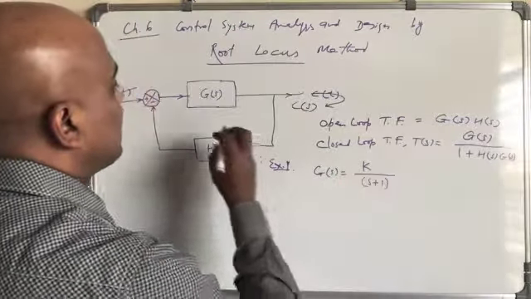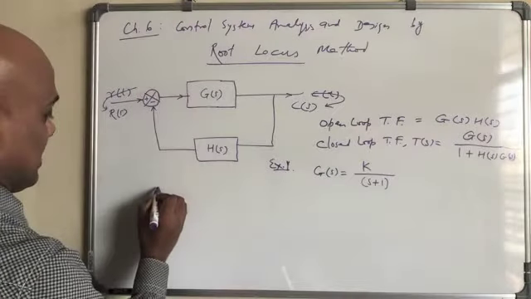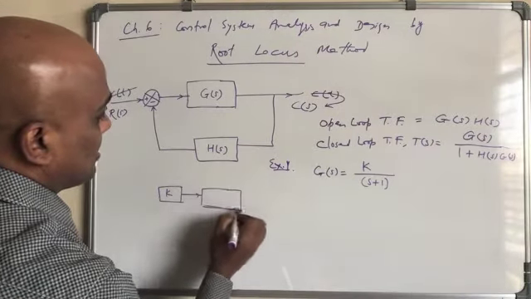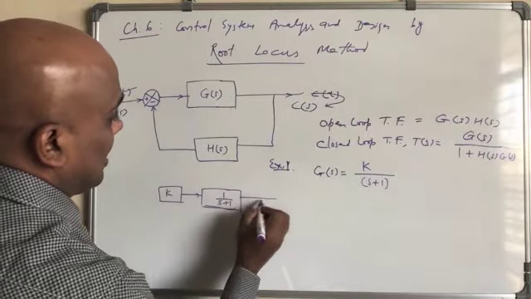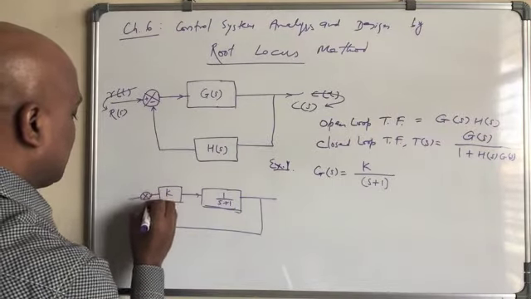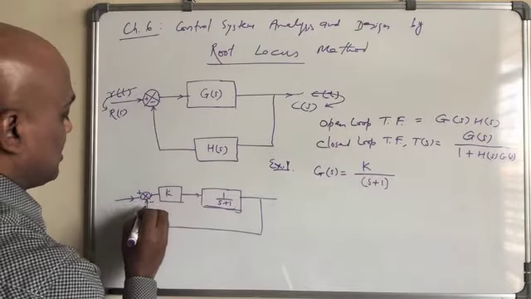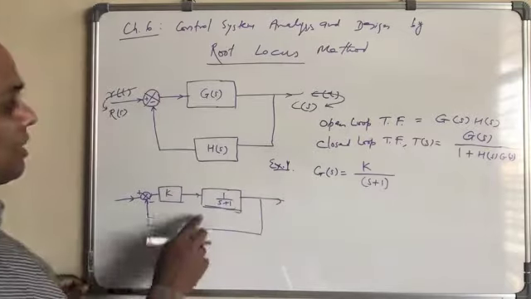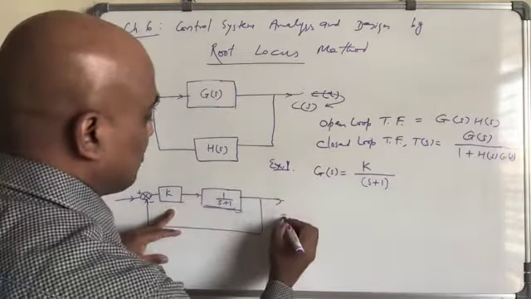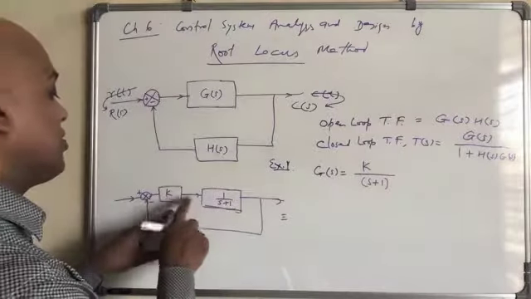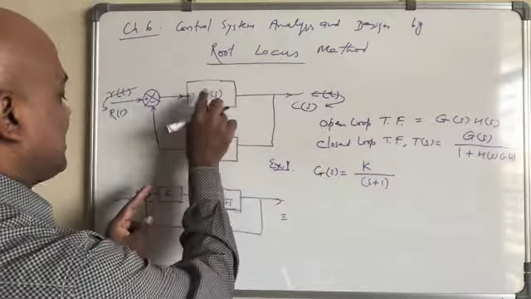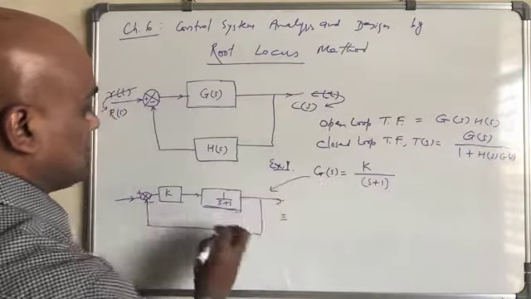This we can also visualize as there is a proportional controller here, K, and then here we have a first order system 1 over s plus 1, and here we have a unit feedback loop like this, minus plus. When we combine them together, the combined G(s) will be K over s plus 1. So this is one example.